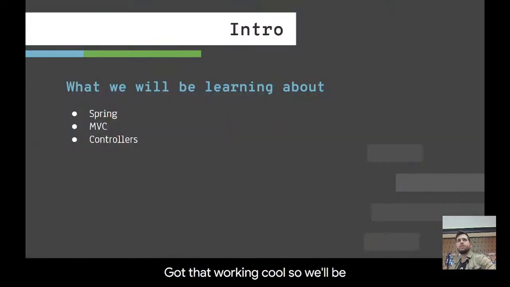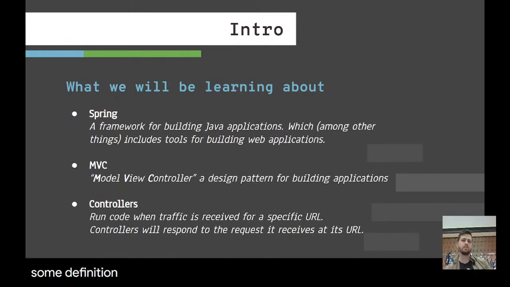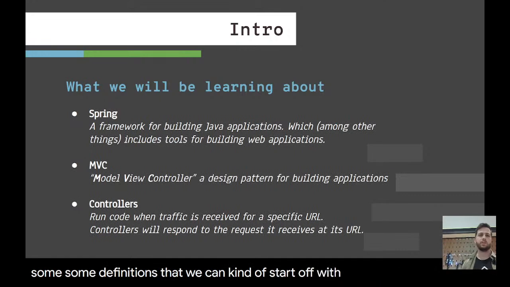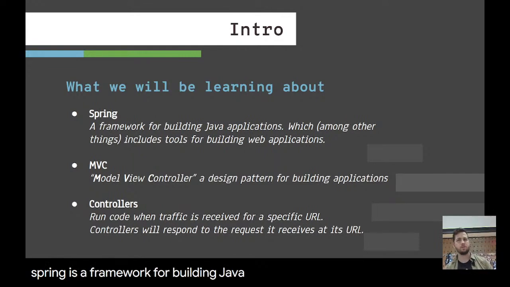Cool, so we'll be covering Spring, MVC, and controllers, and then some definitions that we can start off with for building context. Spring is a framework for building Java applications, which, among other things, includes tools for building web applications.